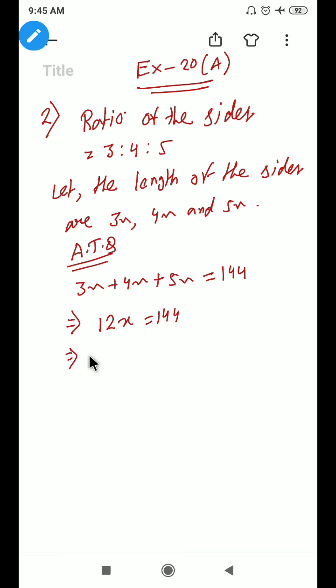If you divide by 12, x is equal to 12 cm.